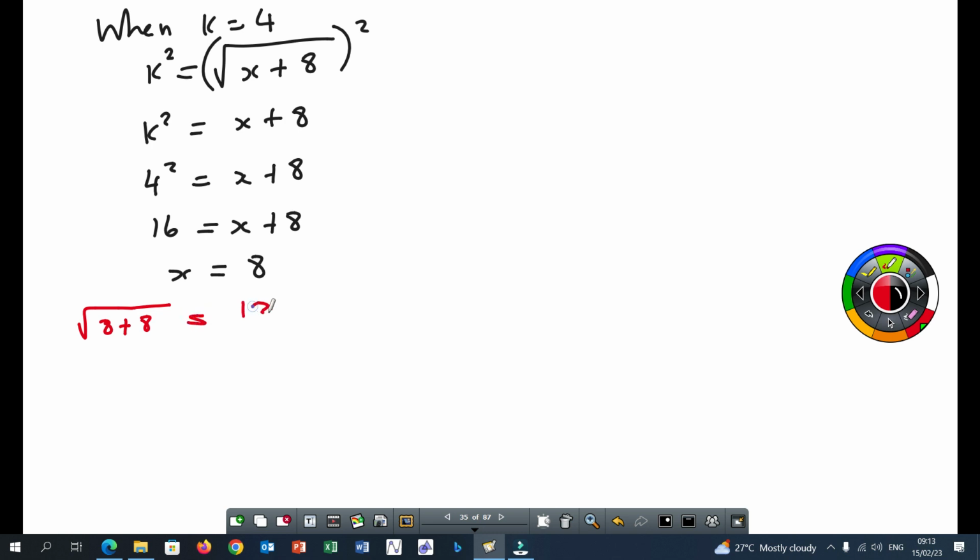This is equal to 12 over square root of 8 plus 8, plus 1. So this will give me 16 equal to 12 over, okay, that's a 4 plus 1. So you get a 4, and here you also get a 4. Please be aware that you have to substitute the x into the original equation.